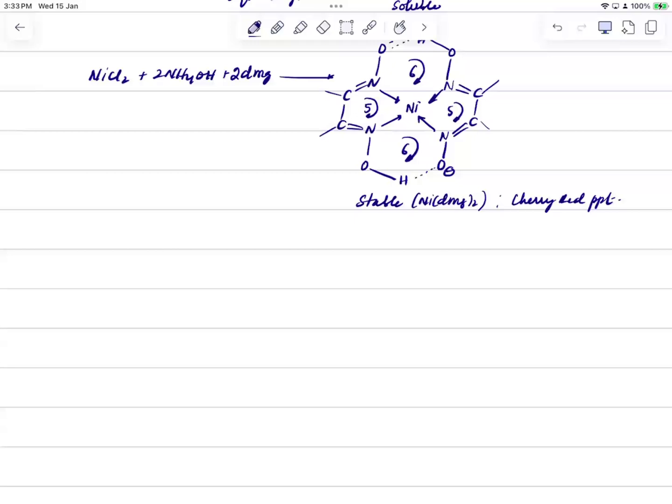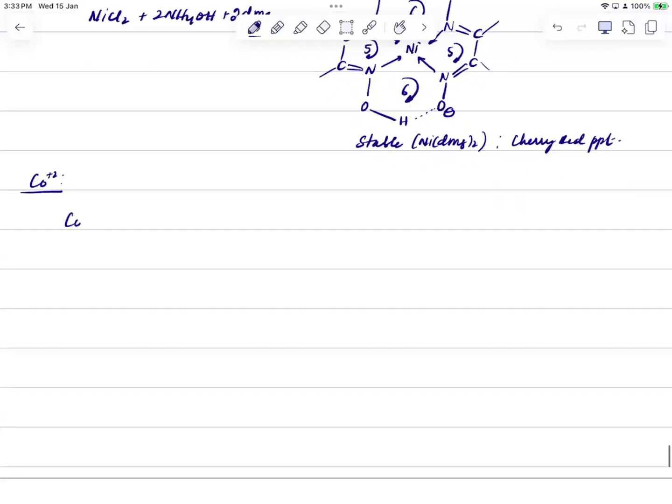Clear, beta? Next, cobalt 2+. If you see cobalt 2+, cobalt sulfide, again we react with aqua regia.